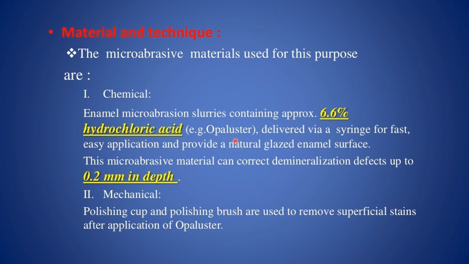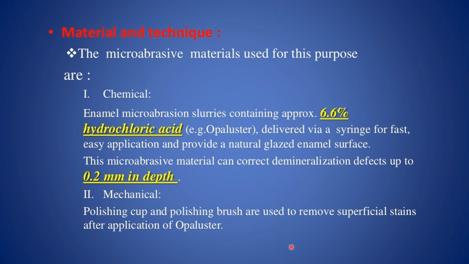57. Microabrasion. Microabrasion offers a conservative approach with minimal loss of enamel surface. Enamel microabrasion could remove stains from within the outermost layer of tooth enamel, thereby improving the appearance of the tooth. 58. Material and technique.